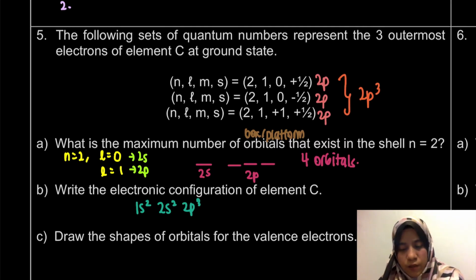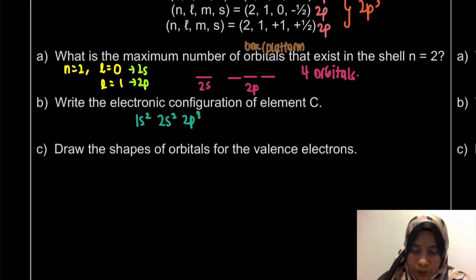Next, draw the shapes of orbital for the valence electron. Valence electron is our outermost electron, which is our highest n.